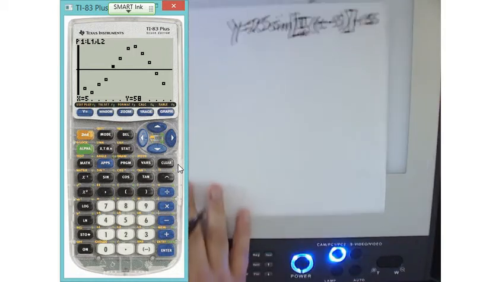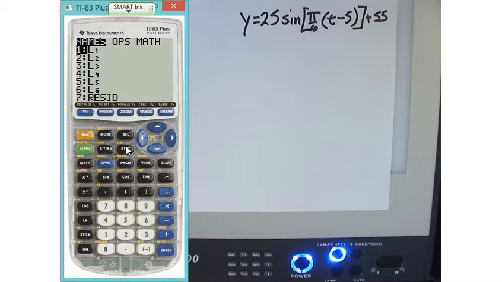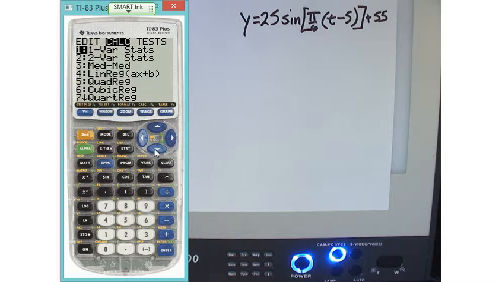Now, how could I double check that? Line of best fit. So if I hit stat, then go over to calc, and scroll down till I get to sine regression.